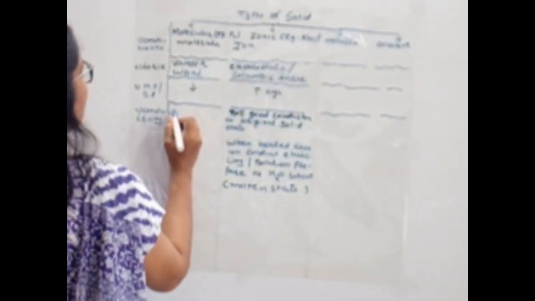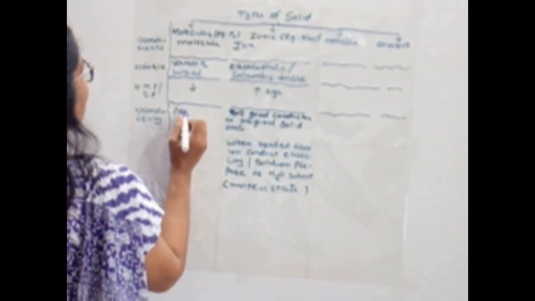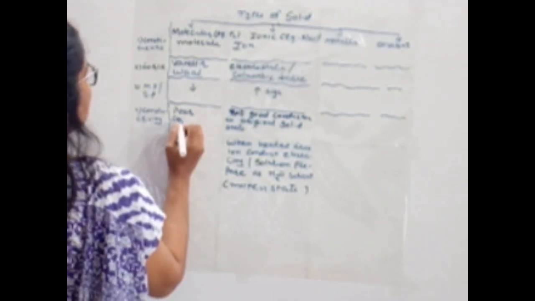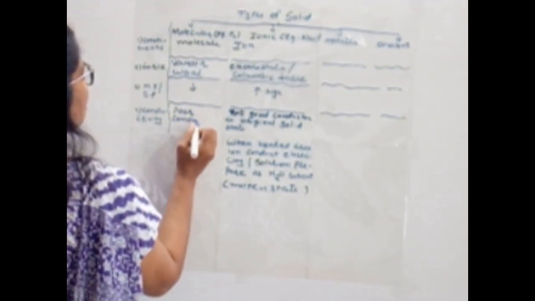They are poor conductors, or conductivity is very low. We can say the conductivity is very low. So after this molecular solid, now we'll go with the metallic solid, and then lastly we'll study the covalent.